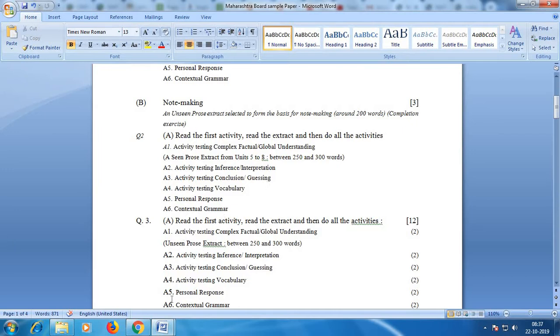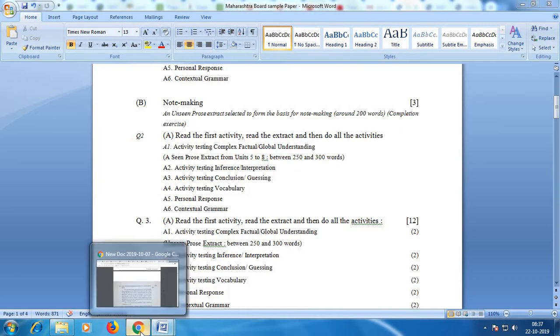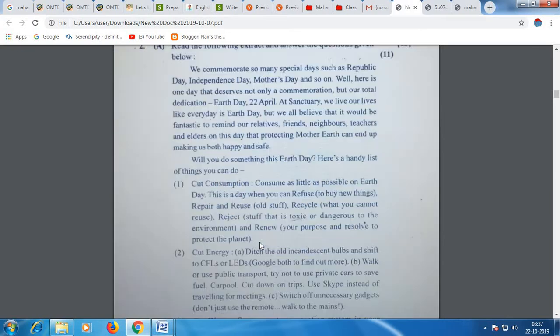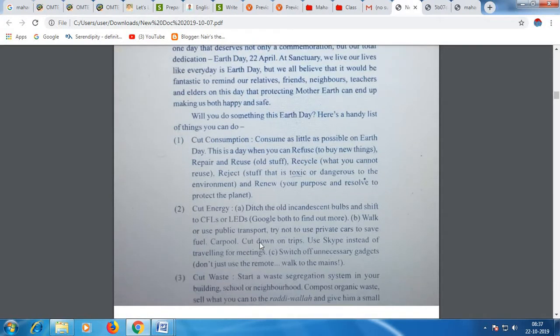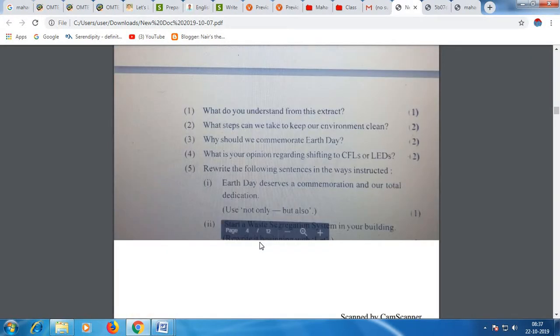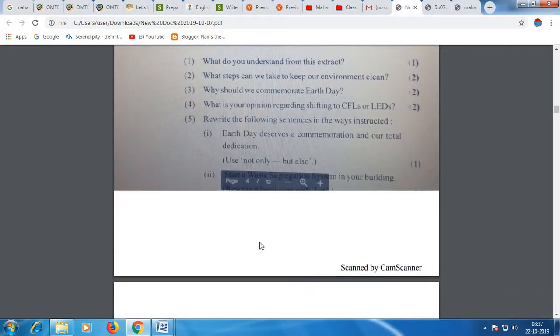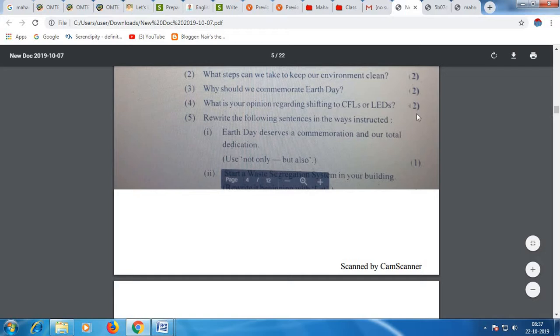In the second passage, again a passage is given, and on the basis of this certain questions are asked. You can see the same 1 mark, 2 mark, 2 mark, all that. And rewrite the following.